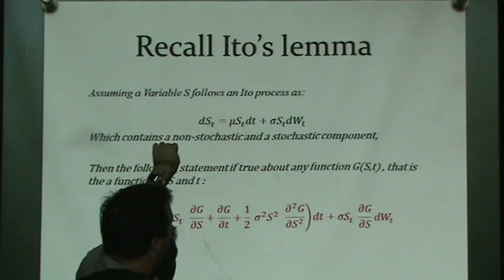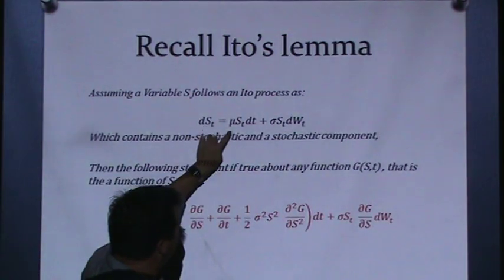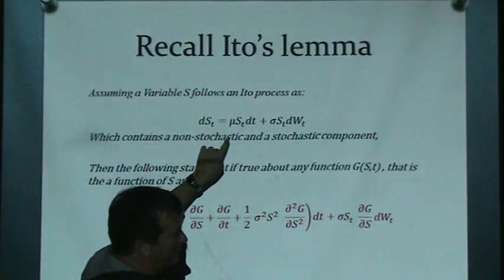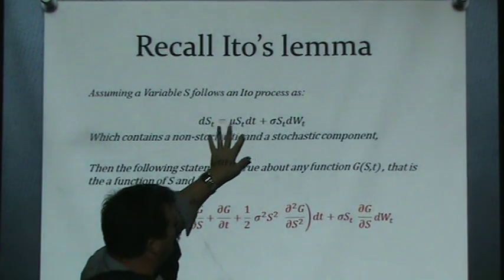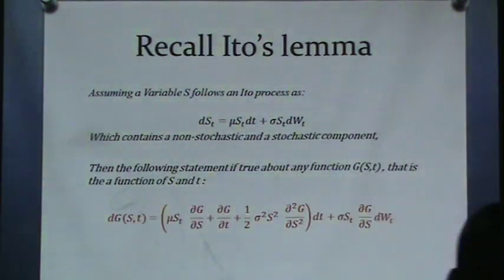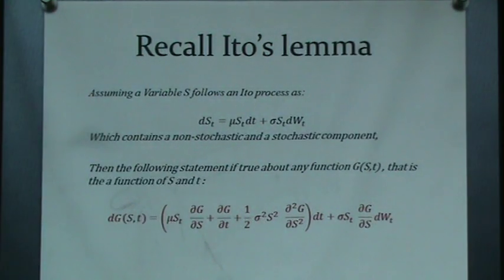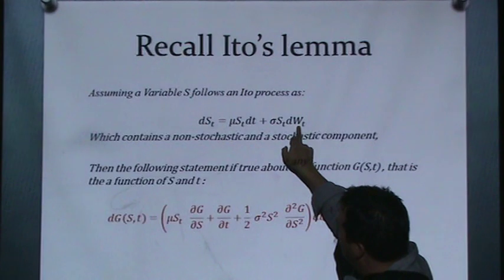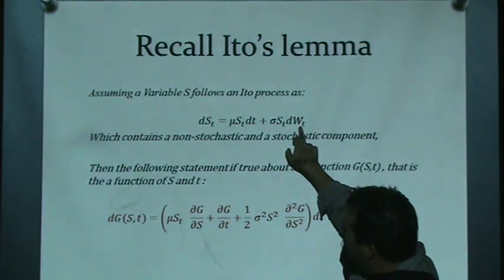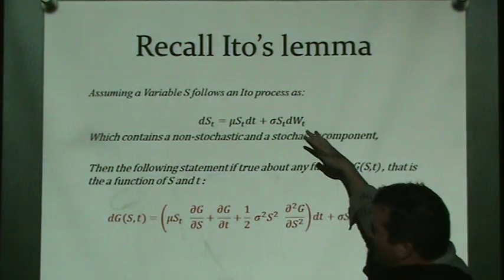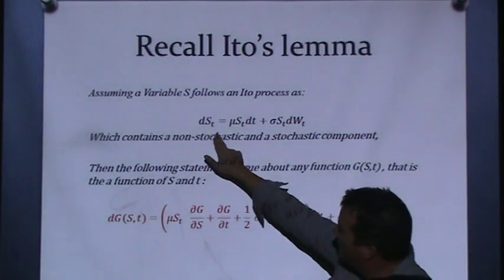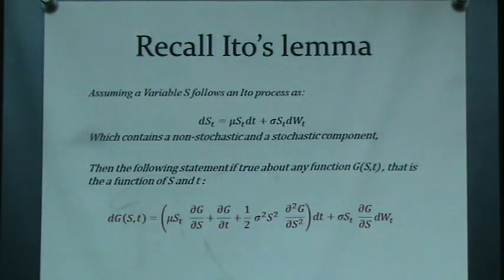If we integrated this, we would get S of t equals the initial stock price as a starting constant, and then these two components integrated. So all I'm doing there is I'm taking this formula, which is the derivative of s, and then I'm integrating it to get a function for s.